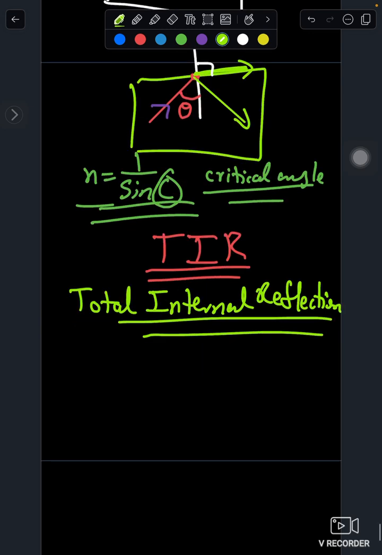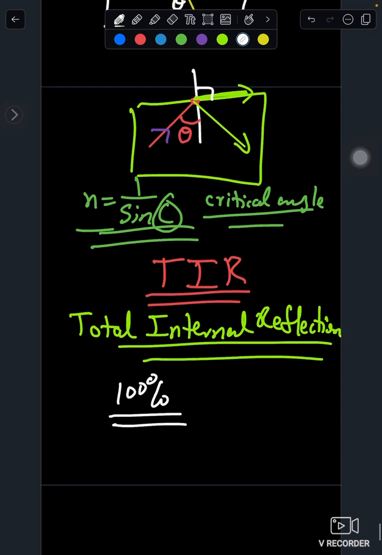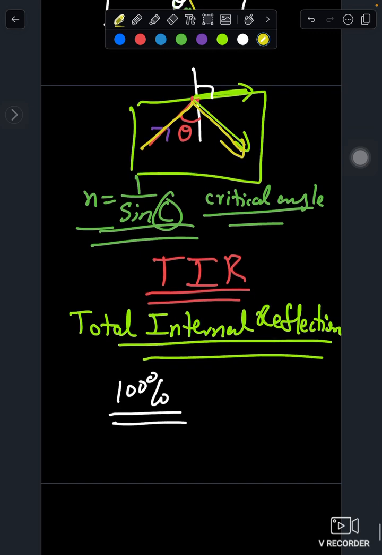What I mean by total internal reflection is that 100% of the light is reflected. The critical angle is an angle after which, on increasing, the light undergoes total internal reflection. So the more the increase, the more the reflection inwards.